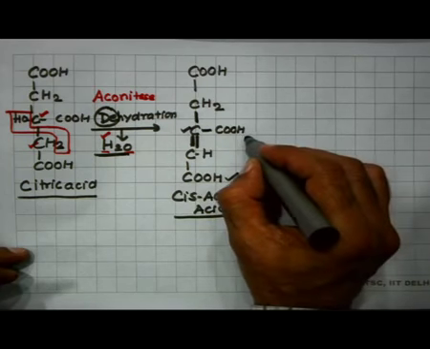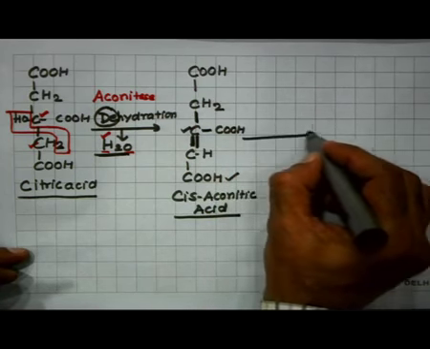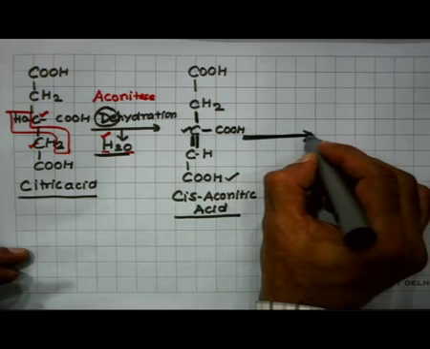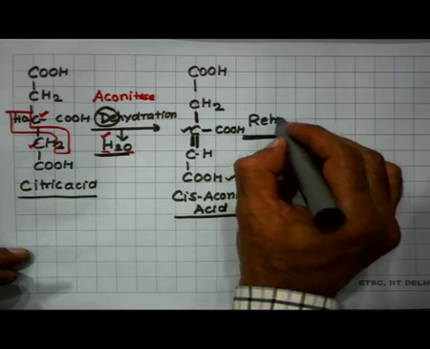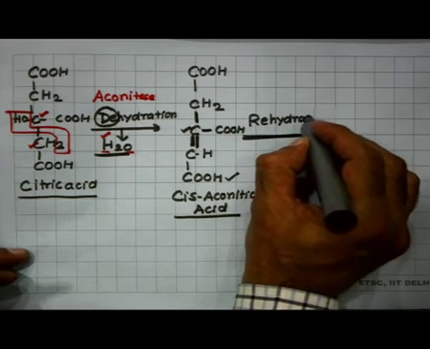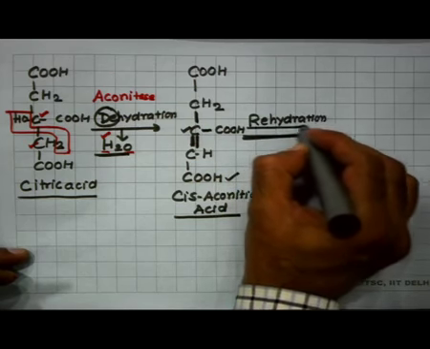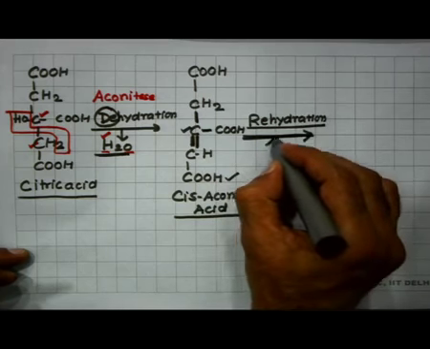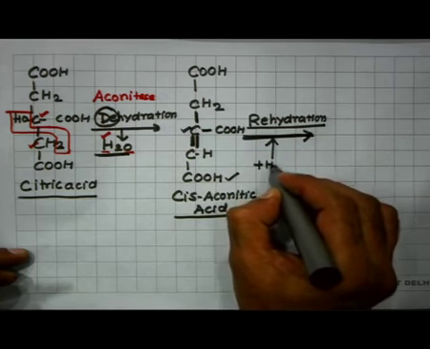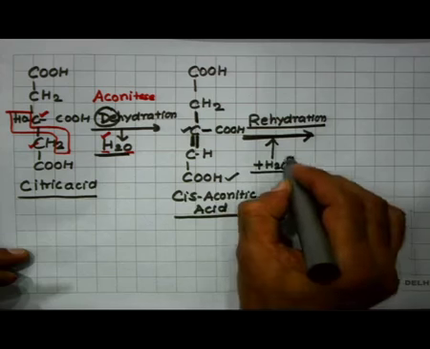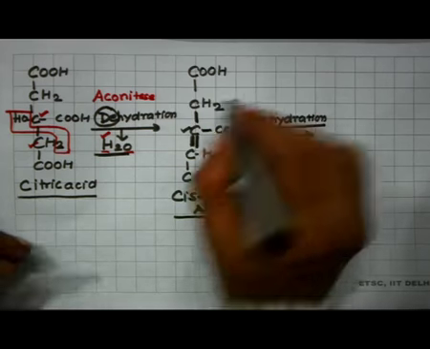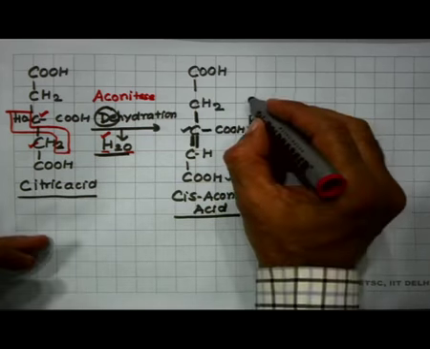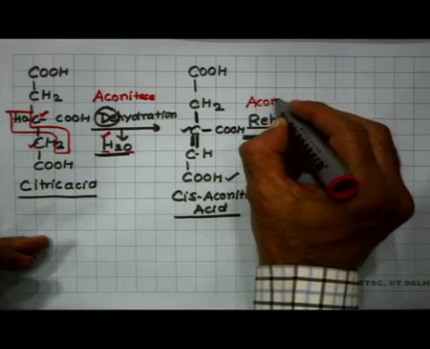Now, after the cis aconitic acid, it undergoes rehydration. Rehydration means adding of water. This water molecule is going to be added to the cis aconitic acid, and the enzyme involved is the same, that is aconitase.